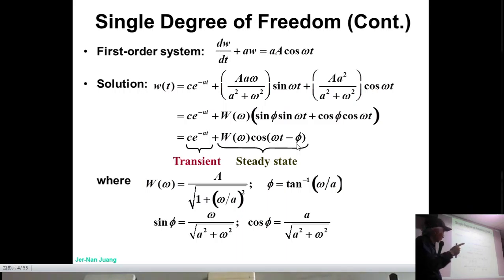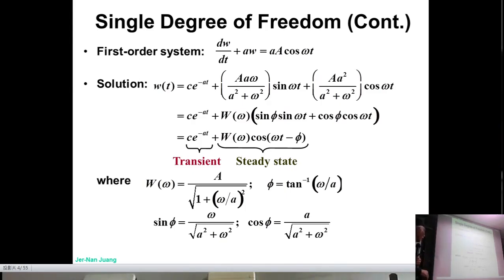So remember these two terms. We always write it this way. We don't write it that way. It's the same thing. Okay? And later on, the W(omega) is really the gain. We call it the gain. We'll show you later.